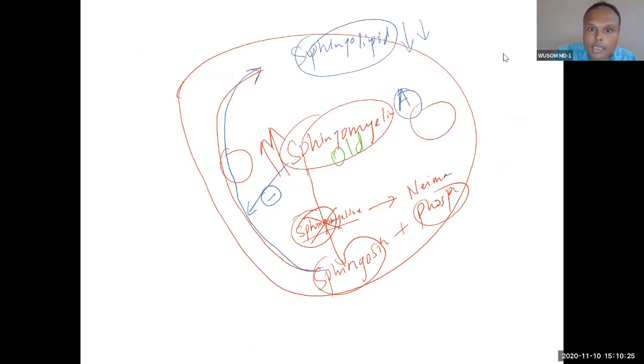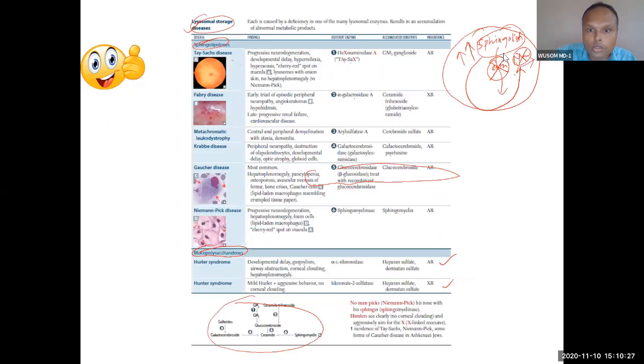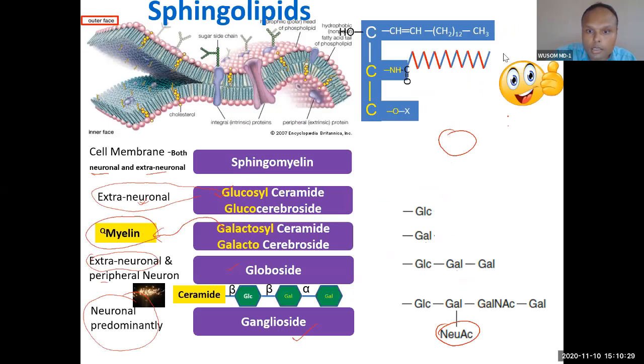If you see the structure of this, can you see anywhere hexosamine in addition to this? No, you don't see. Do you see hexosamine anywhere?